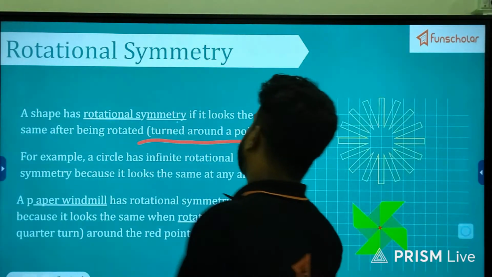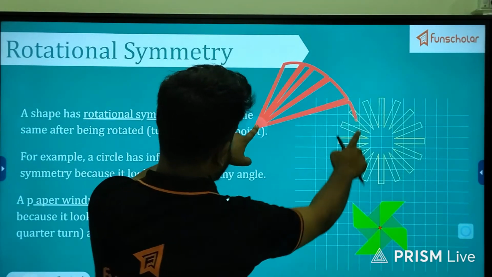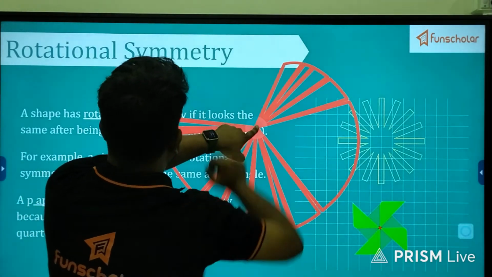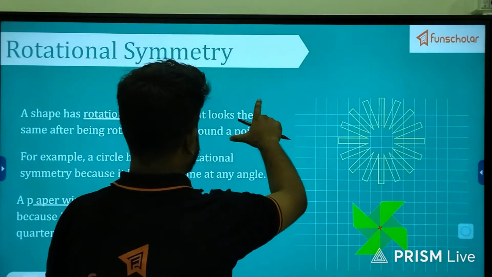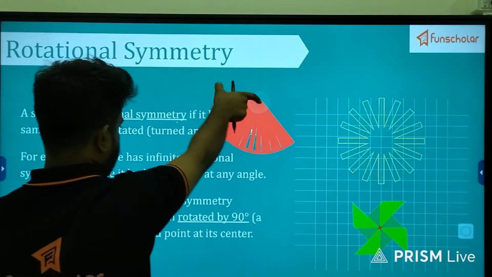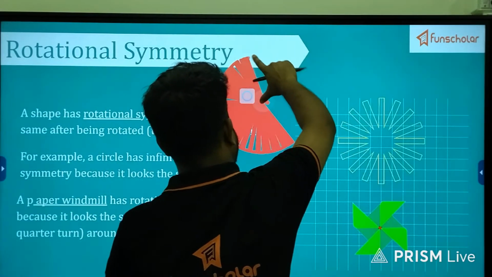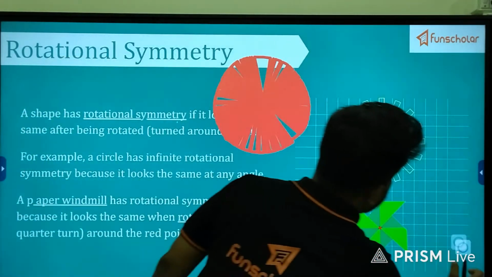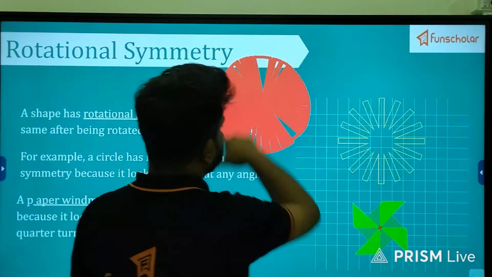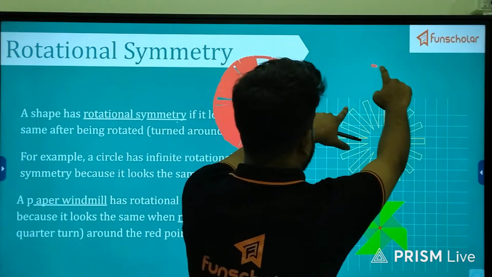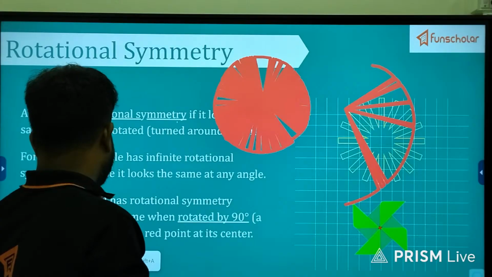So talking about rotational symmetry, if we try to draw a circle, it doesn't matter if you draw the circle like this or rotate the circle like this, you will get the same shape every time.